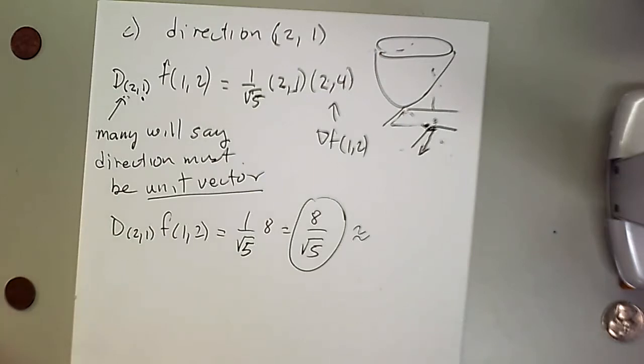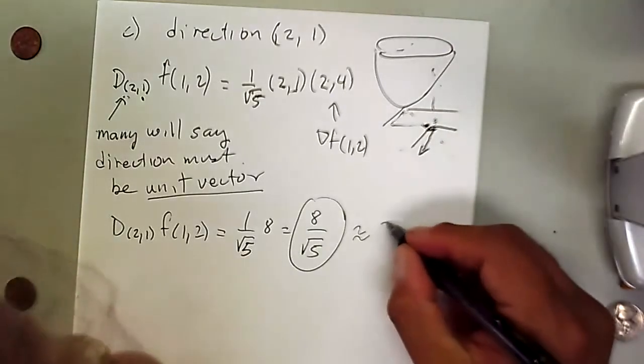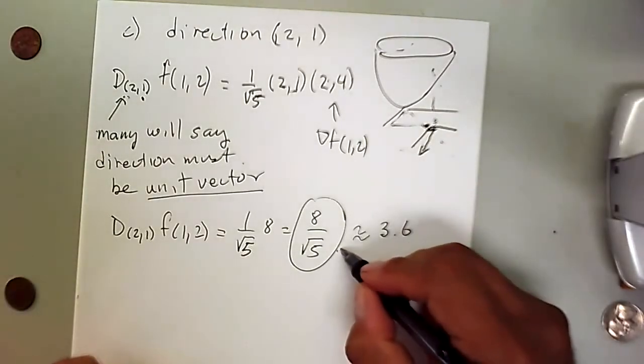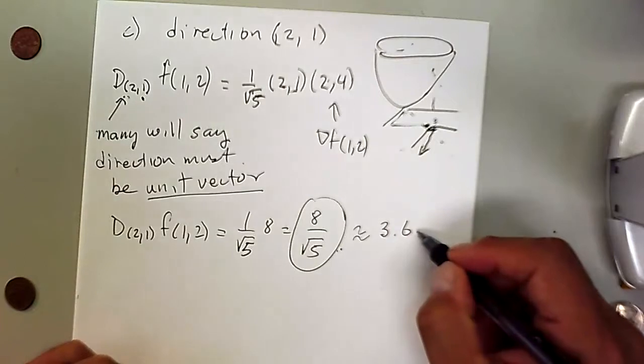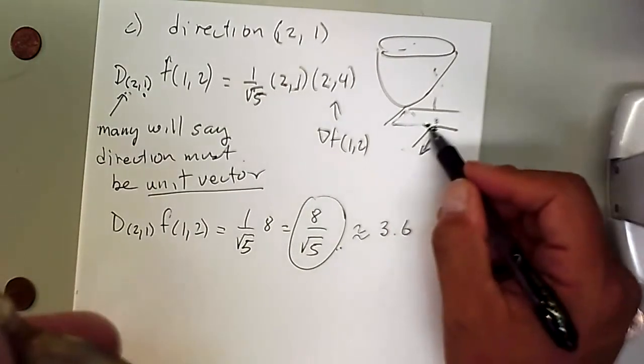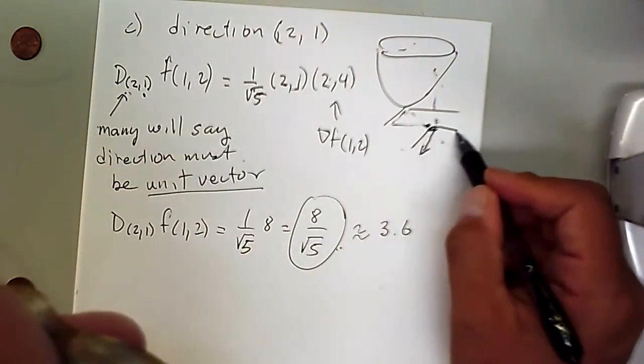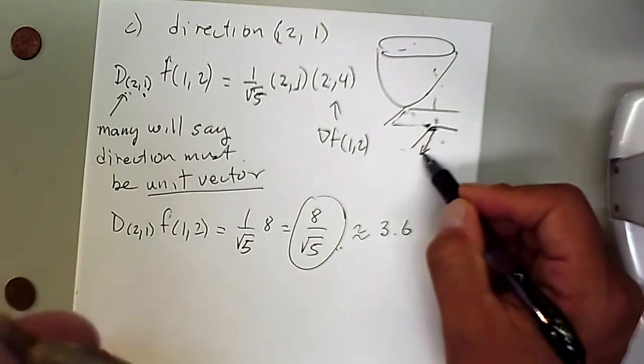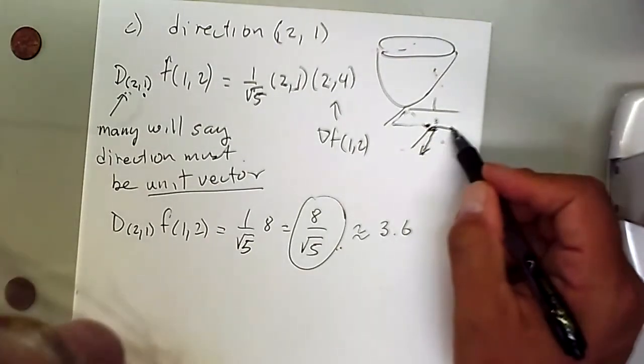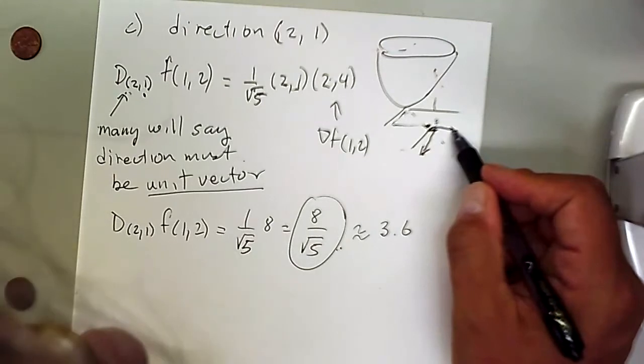I'm going to do the math real quick. 8 divided by square root of 5 equals about 3.6. This is not the answer we always want, but I just want to have an idea of what's going on. So this direction 2, this direction 4, this direction is more than 2. Why? Because the 4 is adding up to it.